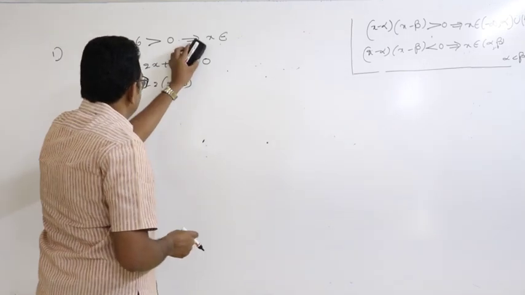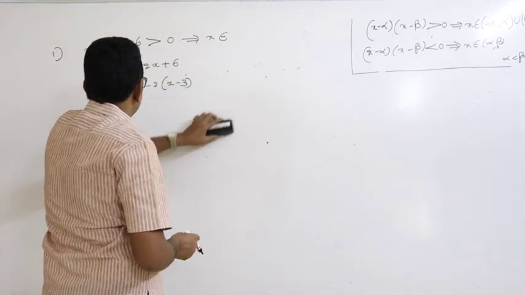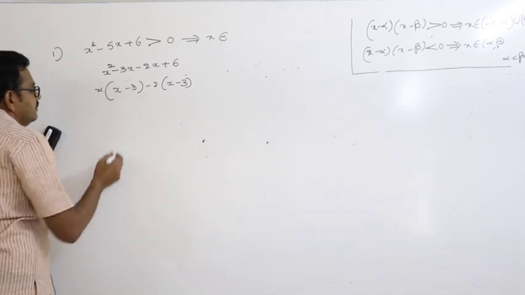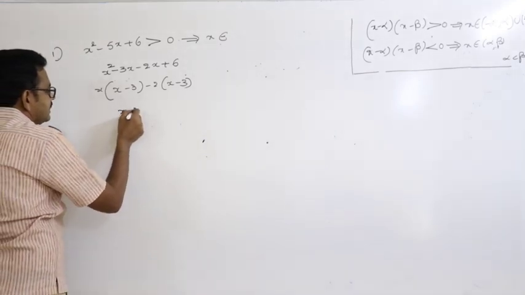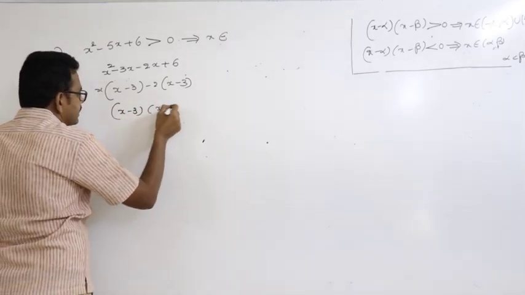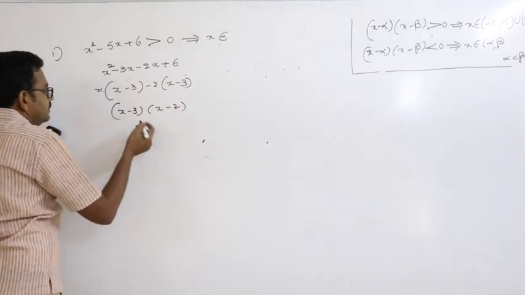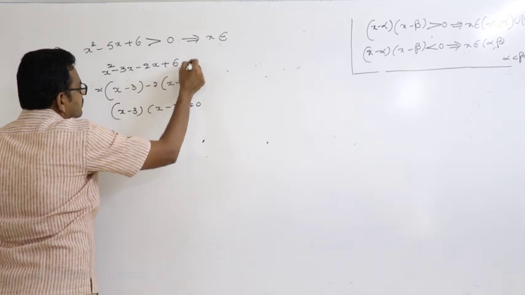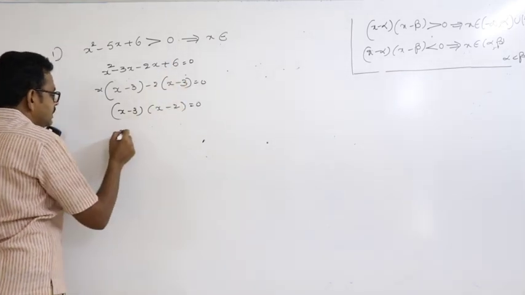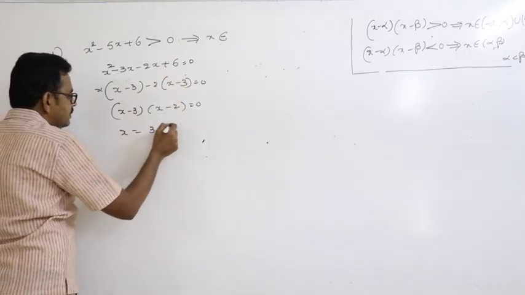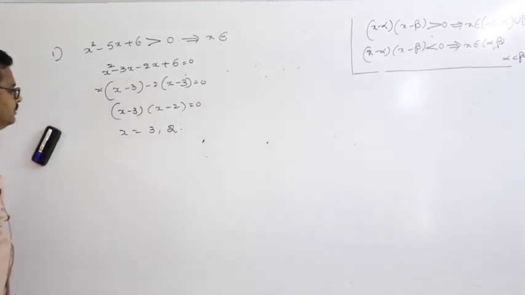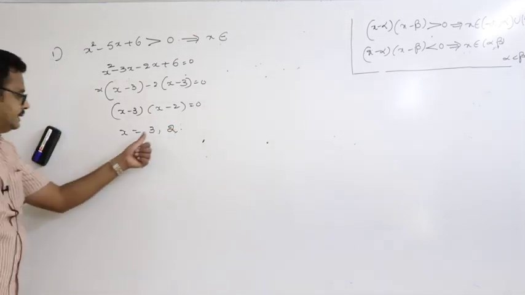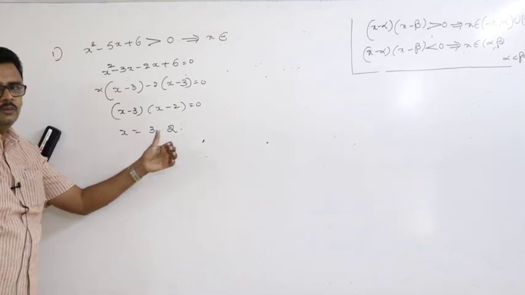First of all, you have to find the factors. So this is x minus 3 into x minus 2 equal to 0, then the roots are x equal to 3 comma 2. These are the roots.